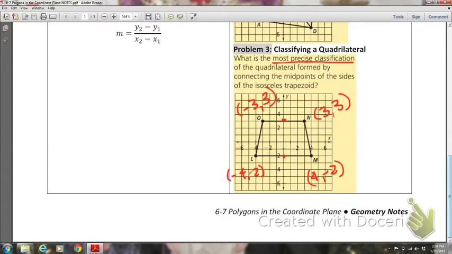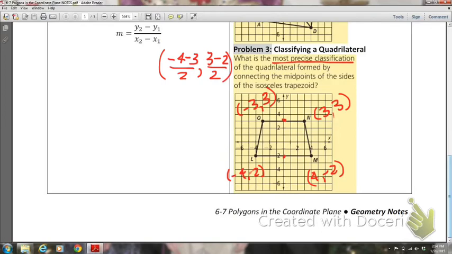To determine the midpoint, you add the two x values together, which is the -4 plus the -3, and then you divide that by 2. And that's your x coordinate. And then for your y coordinate, you add the 3 and the -2, your y values, and divide that by 2.